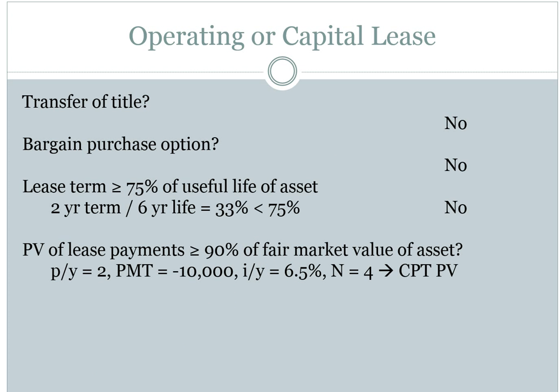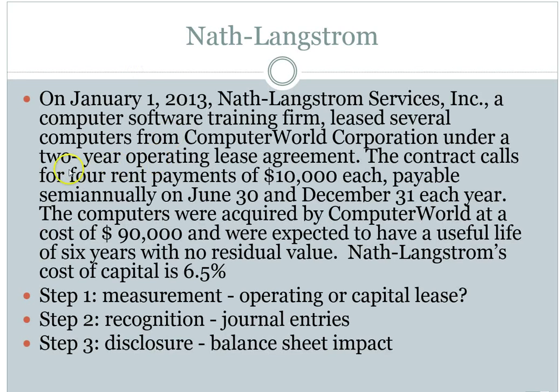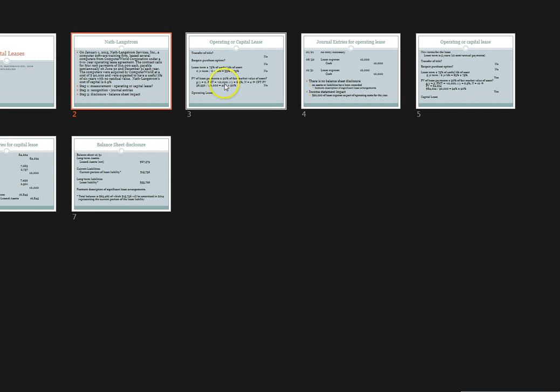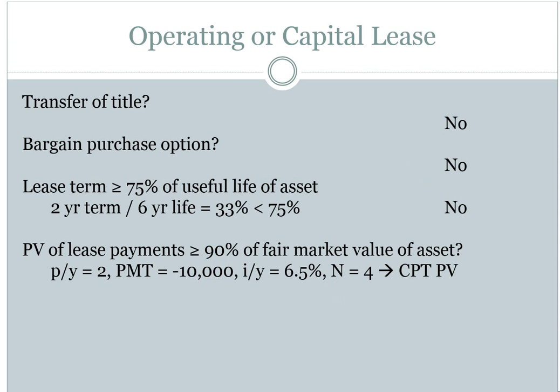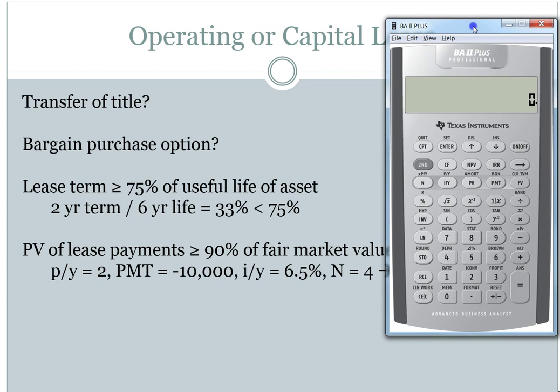We can go back to the original data in the problem, and we've got 4 rental payments altogether of $10,000 each. This is payments being made twice per year, and our discount rate or our cost of capital is 6.5%. So based on that information, we can determine the present value of the lease payments.